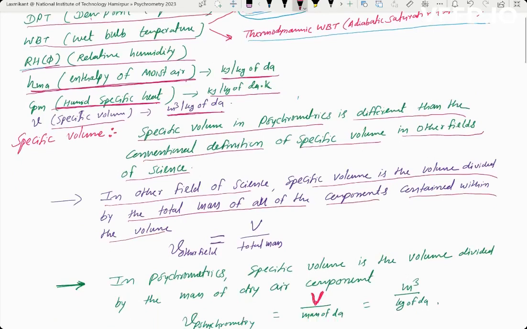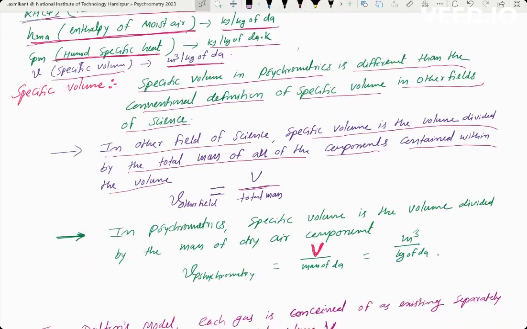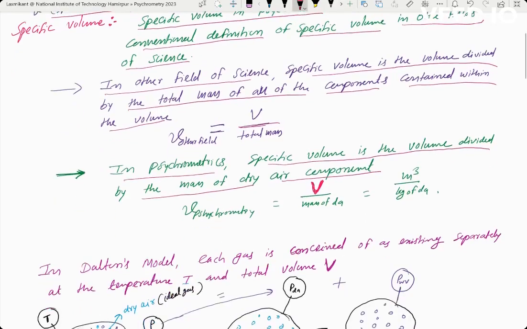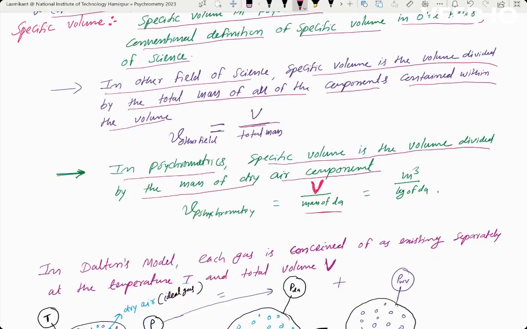So specific volume in other subjects like thermodynamics is the total volume divided by the total mass. But in psychrometrics, the specific volume is the volume divided by the mass of the dry air component. So v is total volume divided by mass of dry air, and its unit is meter cube per kg of dry air.